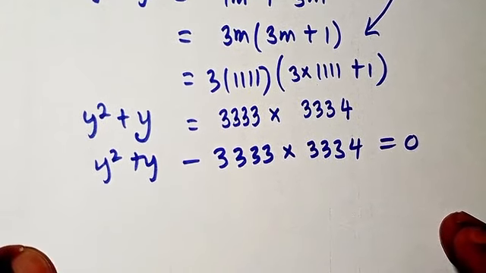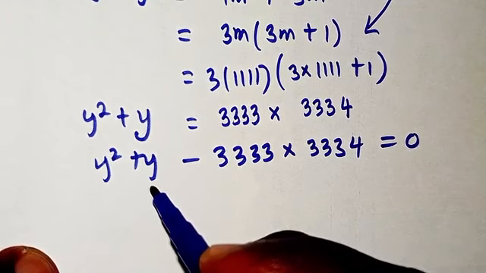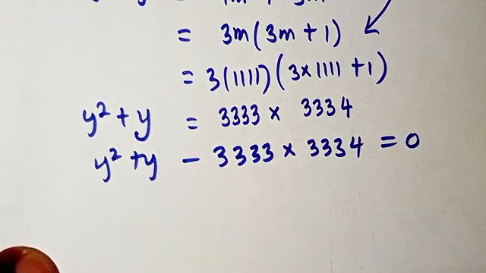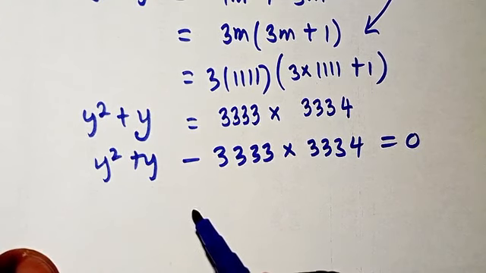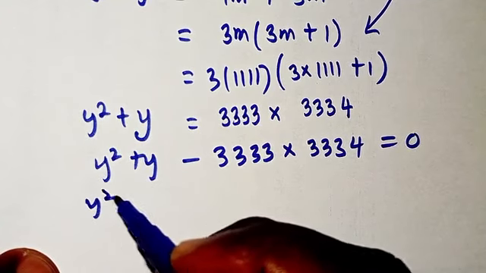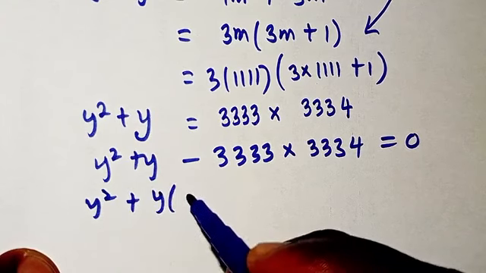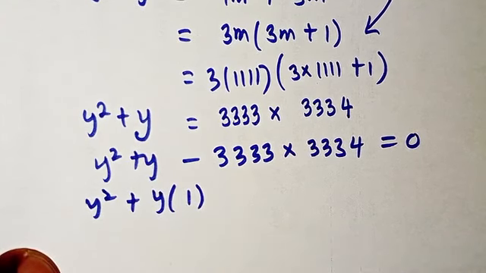So now what I'm going to do here is that I'm going to rewrite this. Here, y squared plus y into bracket 1. We have 1 here.